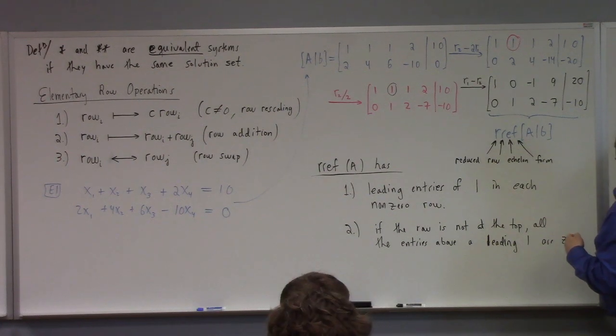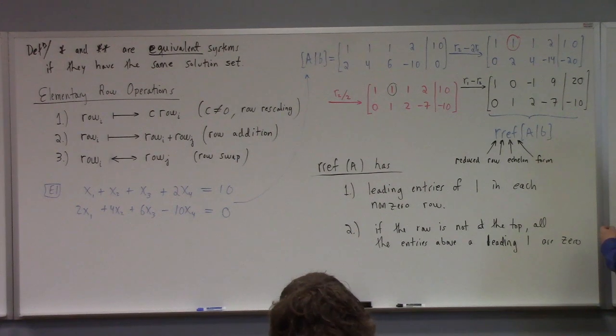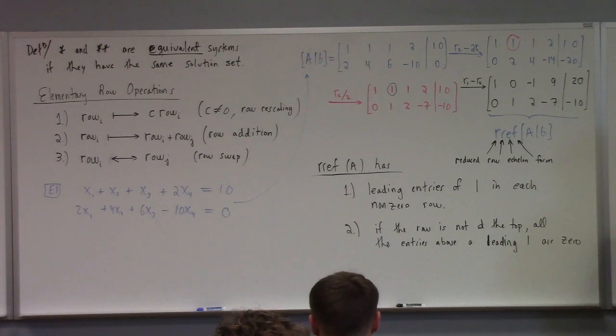Example 2, if I had, for example, the matrix 1, 0, 1, 0, 1, 3, 0, 0, 1, 0, 0, 0, 4, 5, 6.